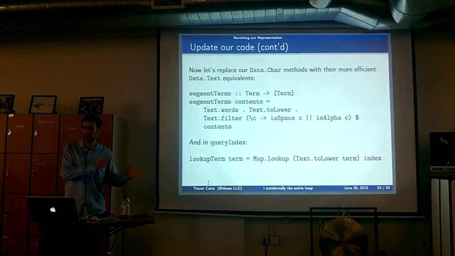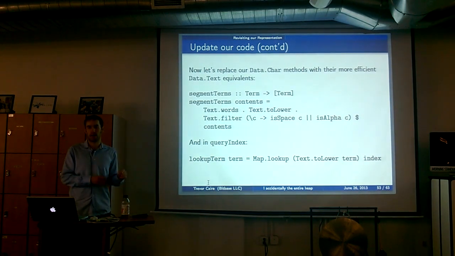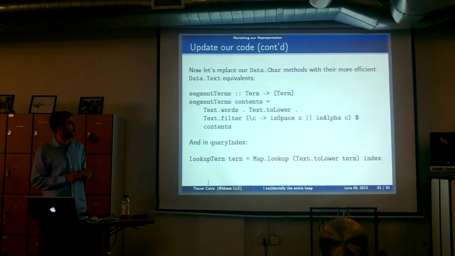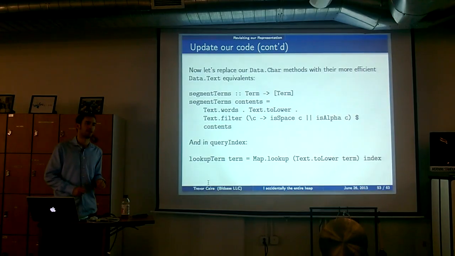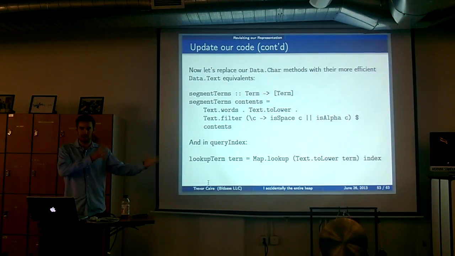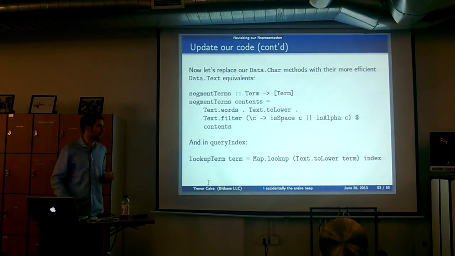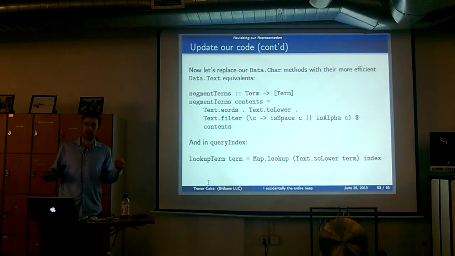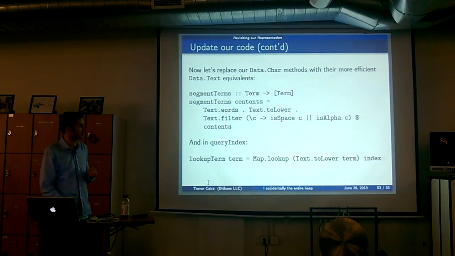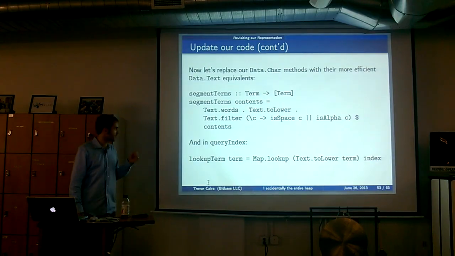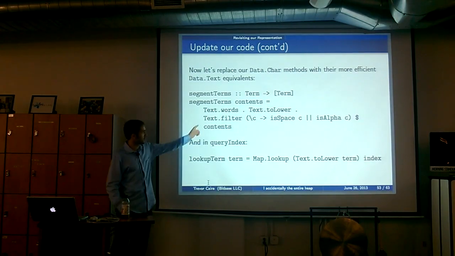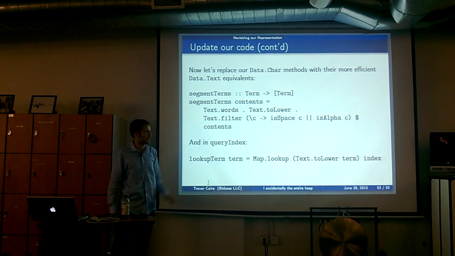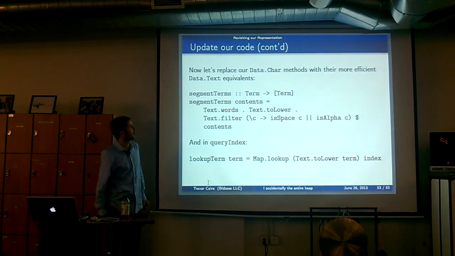Wherever we're using those data.char methods before to operate on the contents of those linked list cells, we can now defer to data.text to use its more efficient variants, which don't unpack and repack and do all this shuffling. It just operates on the underlying UTF-8, UTF-16 representation. The big differences here are we have to use text.filter because there's no built-in predicate like that.